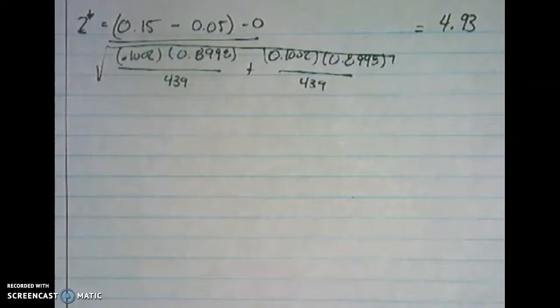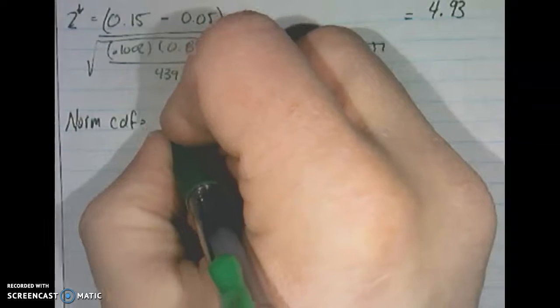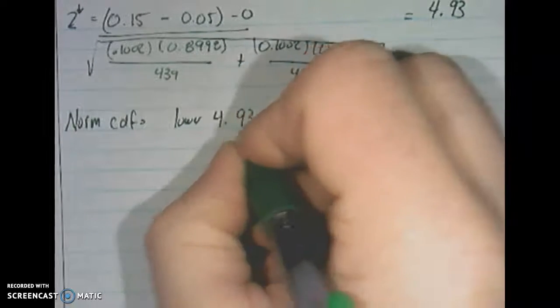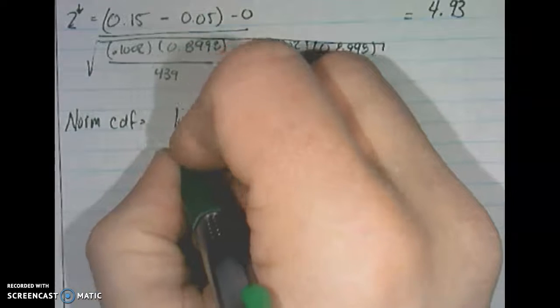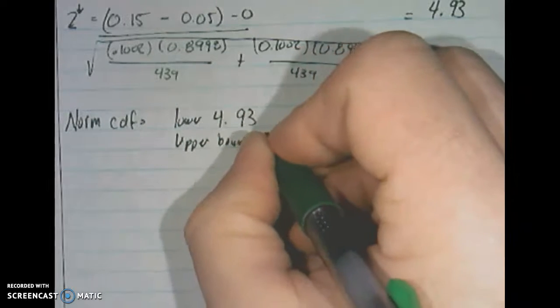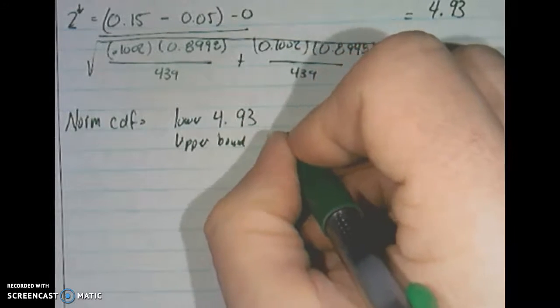All right, so now once I have that, I want to go with my normal CDF because it's greater than, right? My lower bound is going to be 4.93. My upper bound is going to be 1E99.